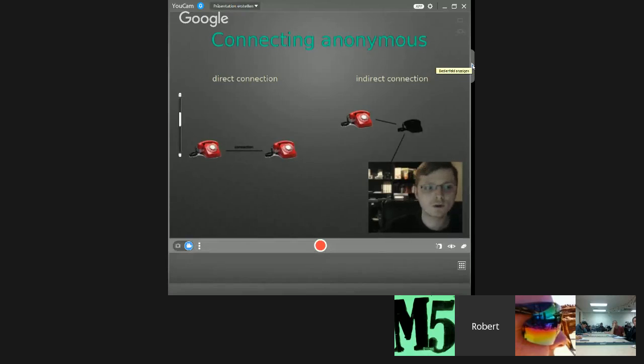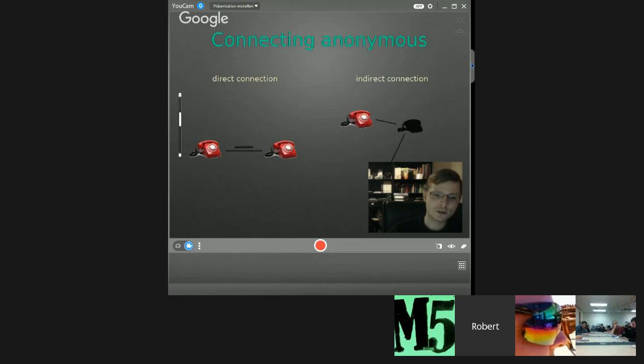Voptop tries to avoid direct connections. A direct connection can be observed. So if someone has a possibility to observe the network you are using, he can see to which specific endpoint you are connected. If you have a simple socket connection from computer A to computer B, someone who is able to observe the whole network can easily see to which endpoint you are connected.